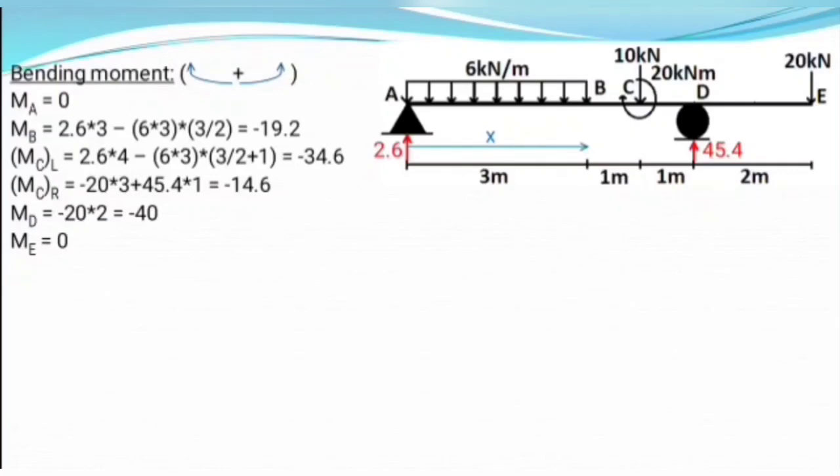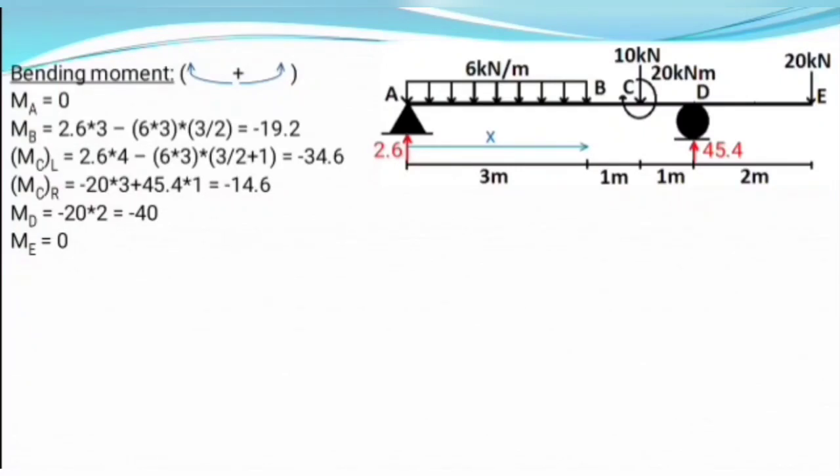So consider any point at distance x from point A between A and B. Now we need to find the value of bending moment at that point so that we can identify the nature of bending moment between A and B under the UDL.